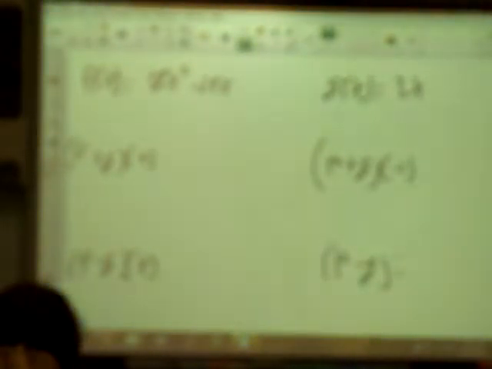We're going to find f plus g of x again, then f plus g of negative 1, then f minus g of x and f minus g of negative 1. Negative 1 would be the x, right? Yep, cool.